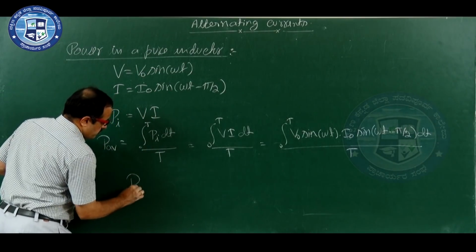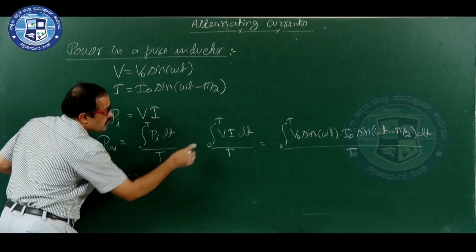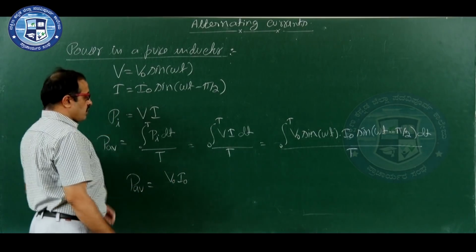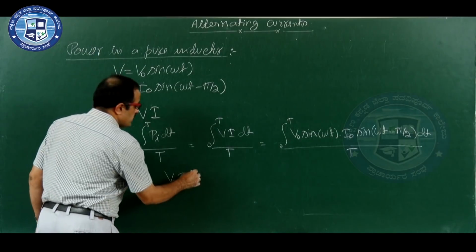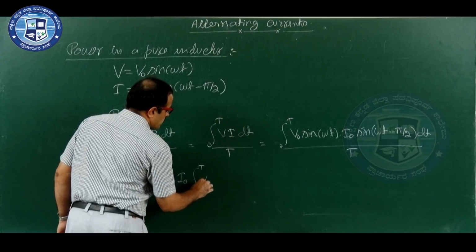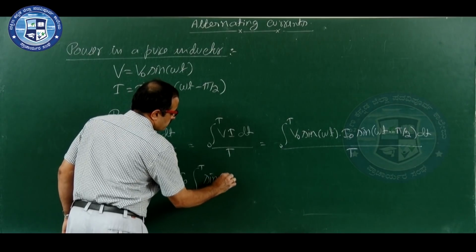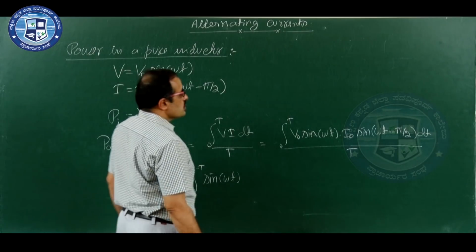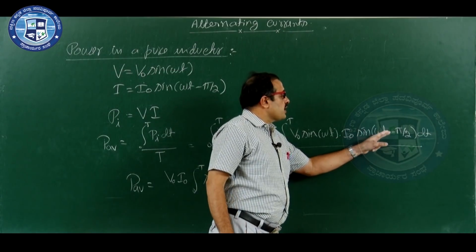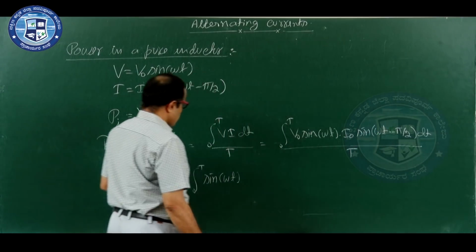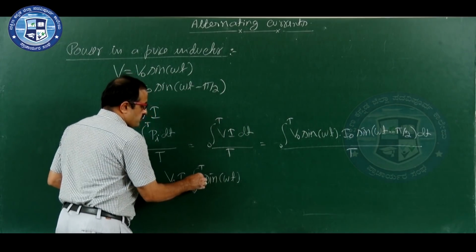P average: take V naught and I naught outside, then the integration from 0 to T of sin omega t into sin(omega t minus pi by 2). You do one thing, take the minus sign outside.